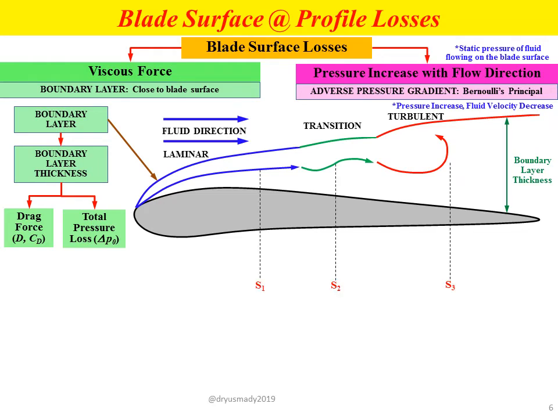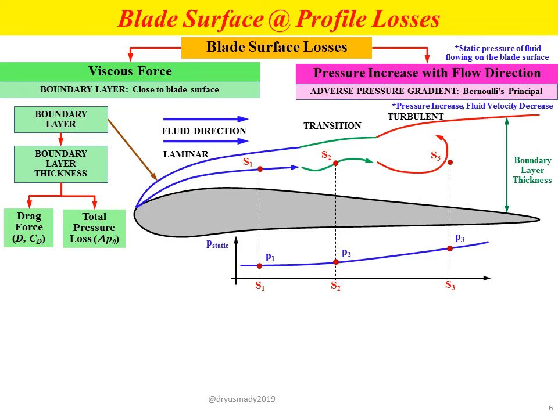So in order to understand this, let me take three different sections, referred to as S1, S2, S3. We want to see the static pressure at different locations of the fluid. Okay, so we have S1, S2, S3. If we plot static pressure throughout the condition, we get an increasing pressure profile along the fluid flowing on the blade surface.